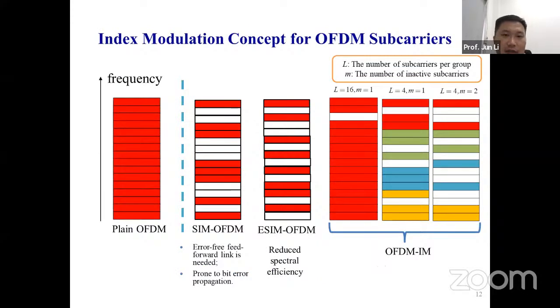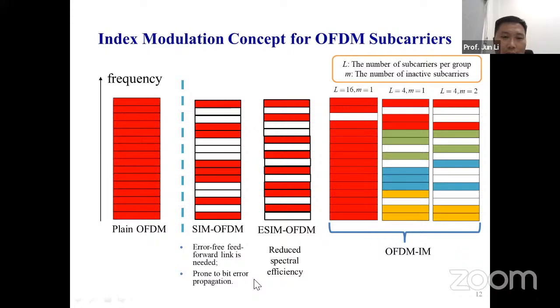Okay, this is the concept of index modulation for the OFDM systems. And this figure is the conventional OFDM system. In the conventional OFDM system, all of the subcarriers will be used for the signal transmission. Right here we have 16 subcarriers. All of these subcarriers will be used.